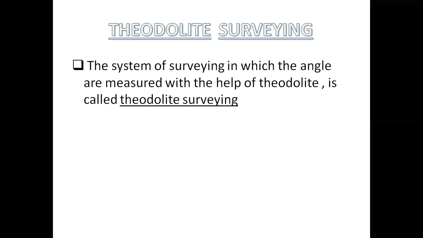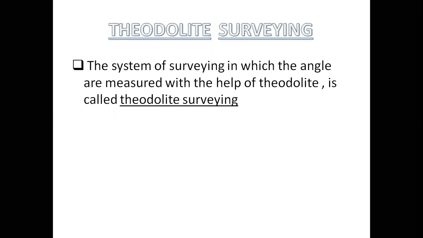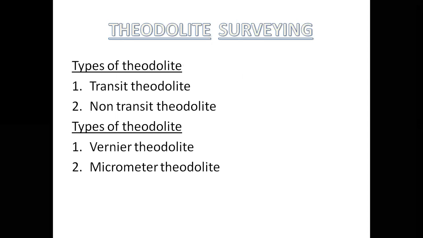If you change the instrument, the survey changes. If for measuring a line you use the chain, then it is called chain survey. If for measuring level difference between 2 points you use the dumpy level, then it is level surveying. So this is the definition: the system of surveying in which the angles are measured with the help of theodolite is called a theodolite survey.